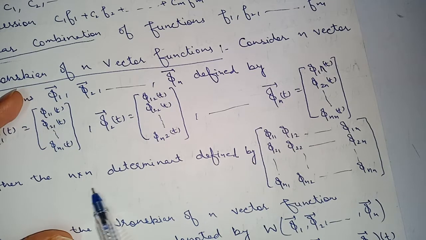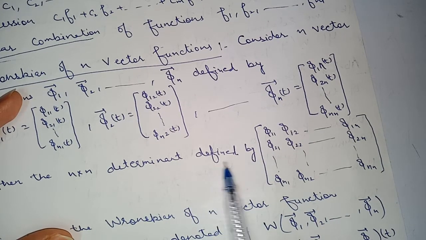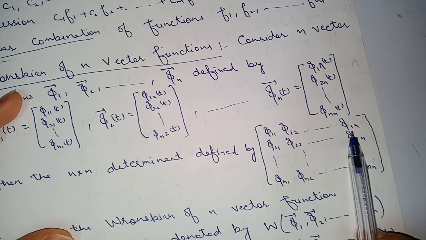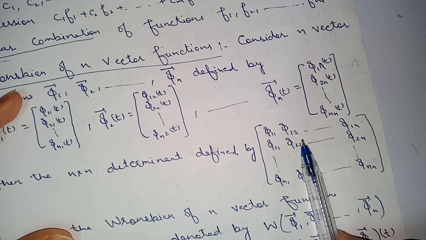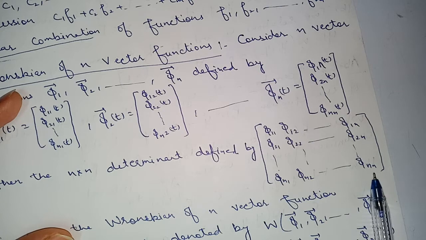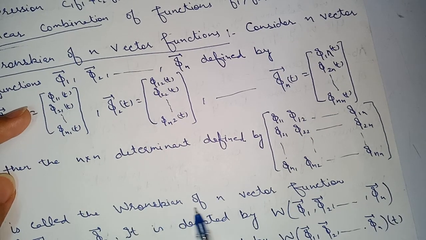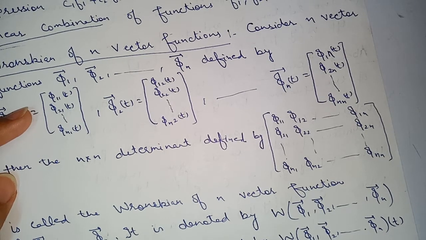Then the n cross n determinant defined by phi11, phi12, up to phi1n in the first row, phi21, phi22 and so on in the second row, up to so on, this is our nth row, is called the Wronskian of n vector functions. Functions are phi1, phi2 up to so on phi n.